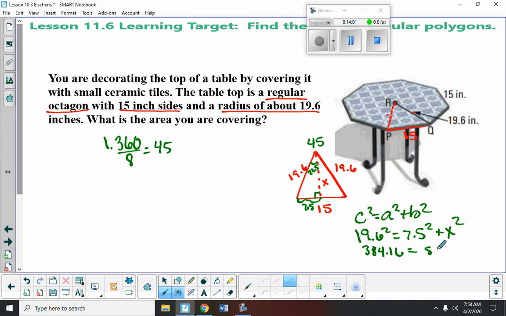That is 56.25. Okay, so now we're going to do 384.16 minus 56.25. We get 327.9. And we're going to take the square root of that, which is about 18.1.